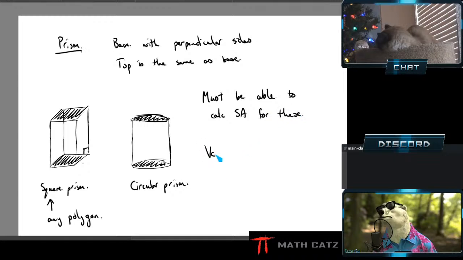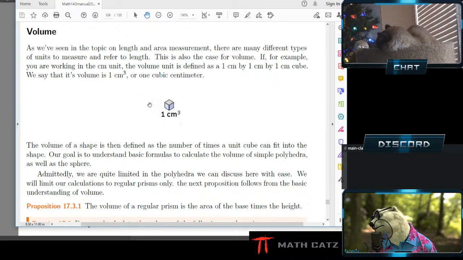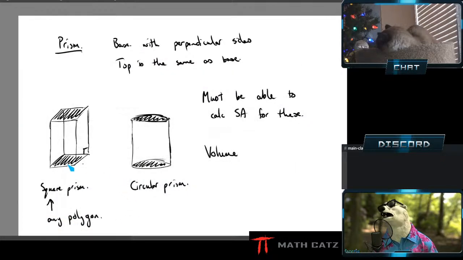And the new part is the volume. Now the volume is really quite simple, and especially in the square case, it's not that hard to go from the basic concept of volume fitting in units to the volume formula, which is the area of the base times the height.